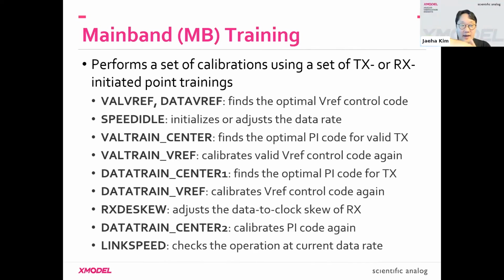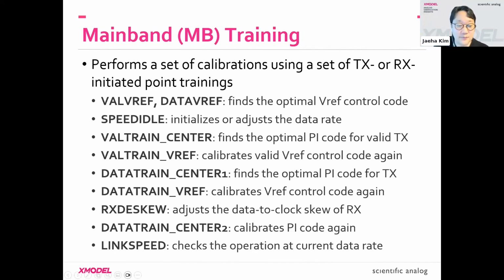So you have 64 or 32 data lanes between the modules, depending on the package type you have, and all of the data lane timings are adjusted equally. But at this RxDSkew stage, you now have a chance to adjust them individually, lane by lane.